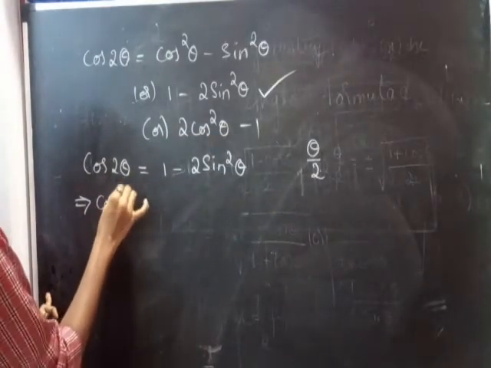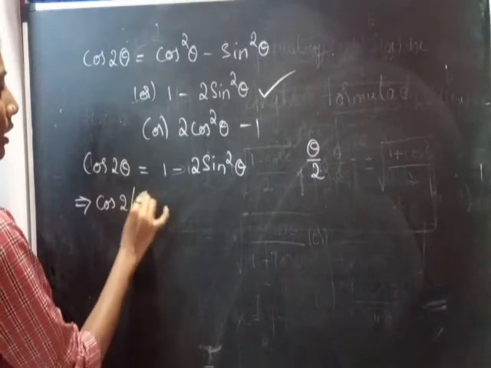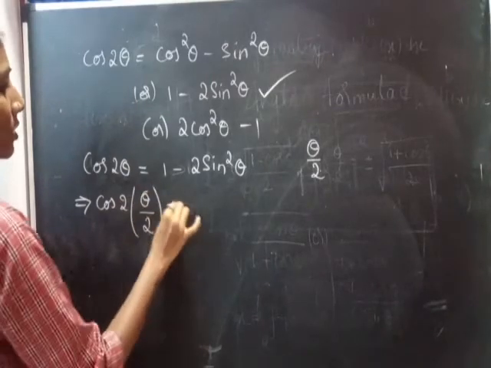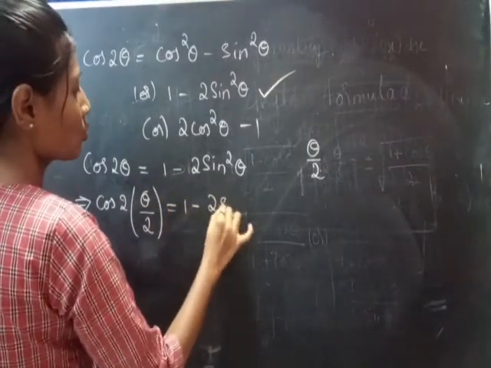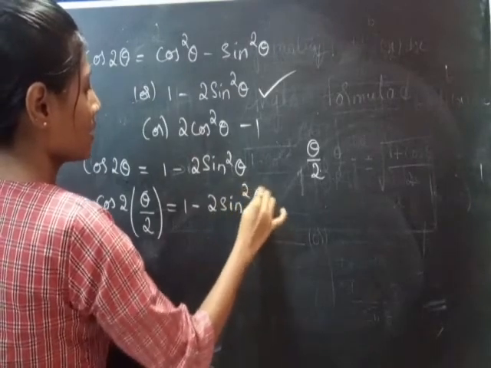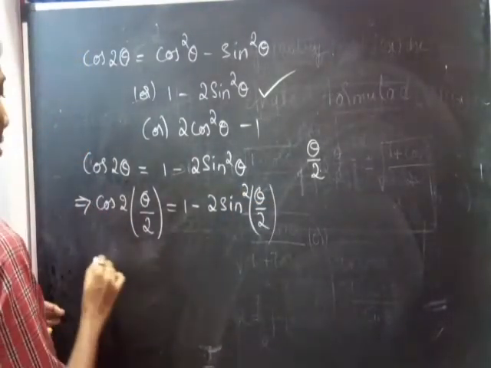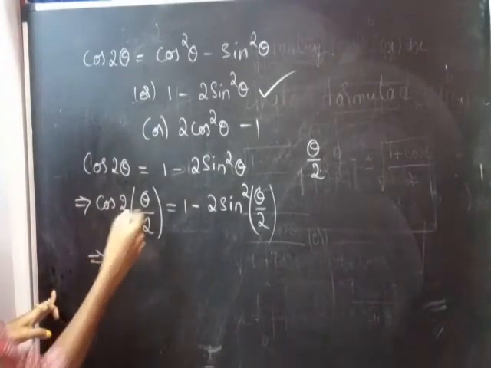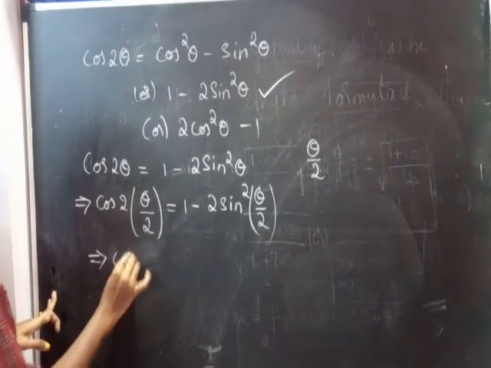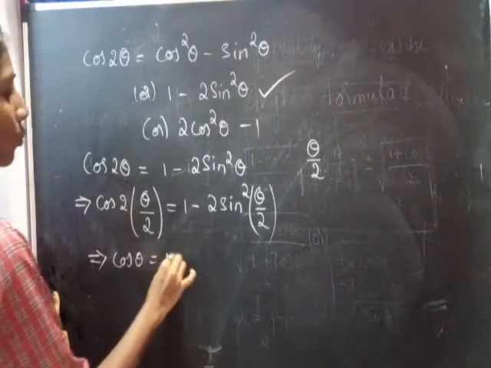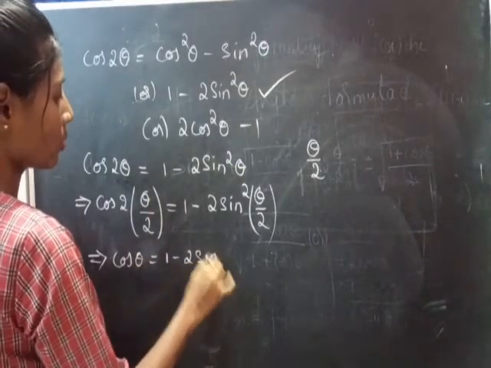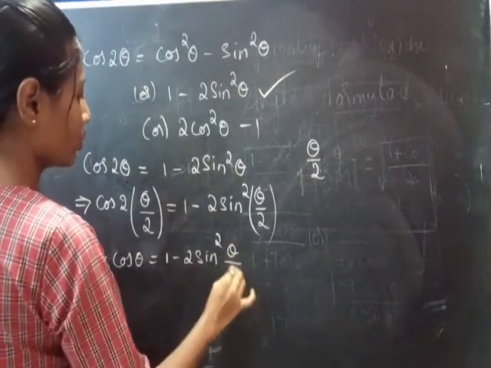Then you'll get cos 2 into theta by 2, which is equal to 1 minus 2 sine square theta by 2. Okay. So what do you get? Cos theta is equal to 1 minus 2 sine square theta by 2.